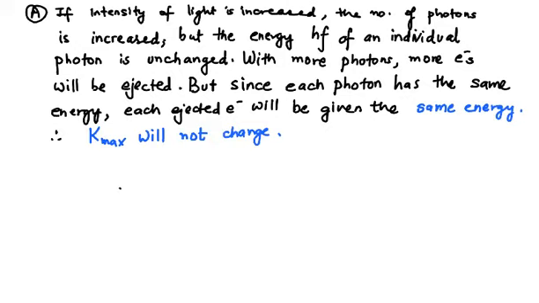But each of the photons has the same energy, so each ejected electron will also be given the same energy. Therefore, maximum kinetic energy will not change, and hence the stopping potential will remain the same. So this description can give the explanation for this graph which was observed experimentally.